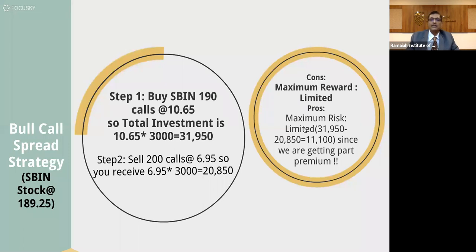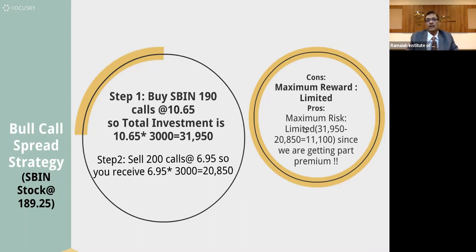So I receive 20,000, or let's say 21,000 approximately by this strategy. So what have I done? I have bought 190 calls and I have sold 200 calls. And if this market at the expiry date expires at 200 or more, what really happens?